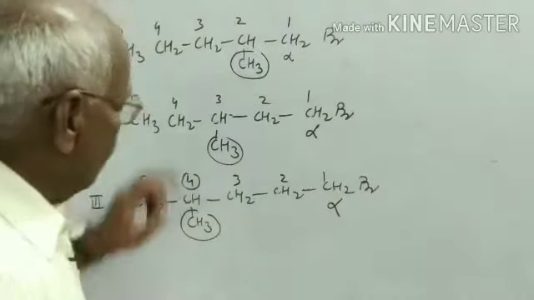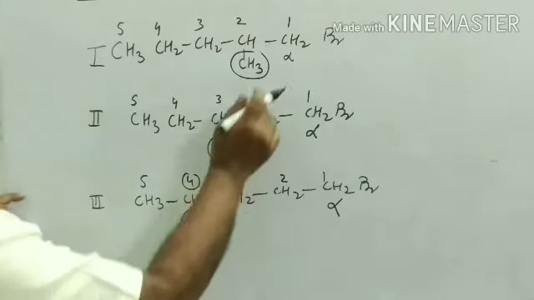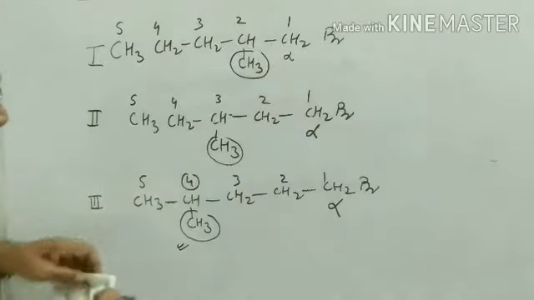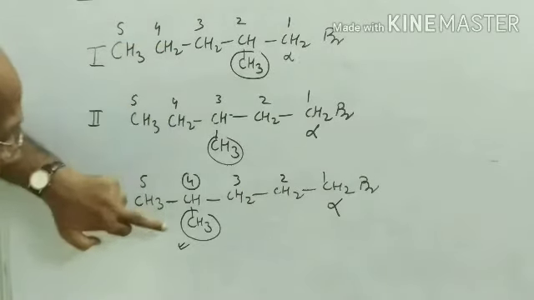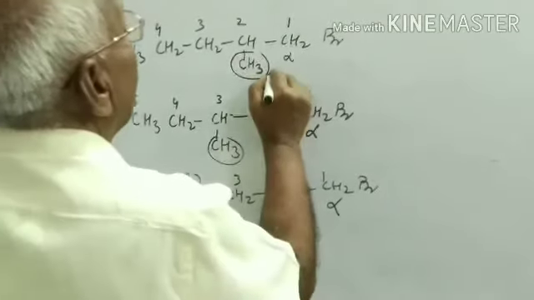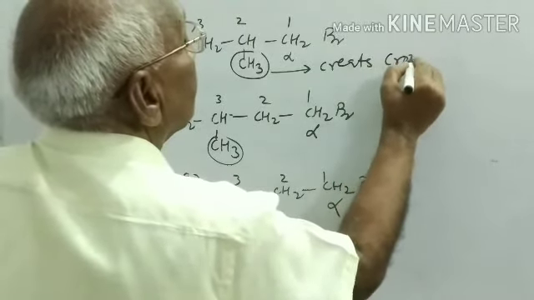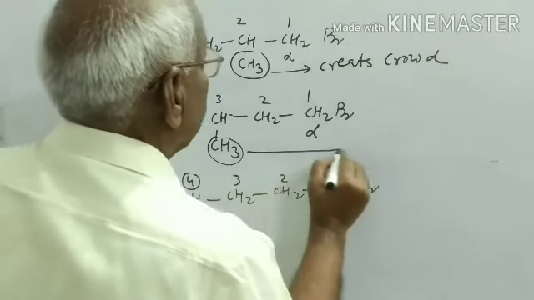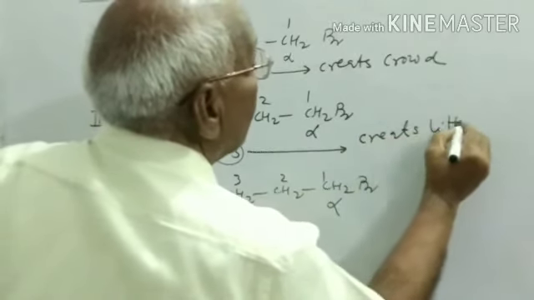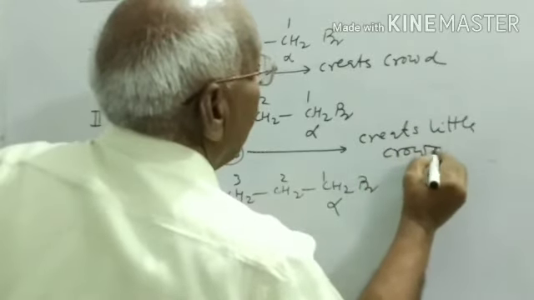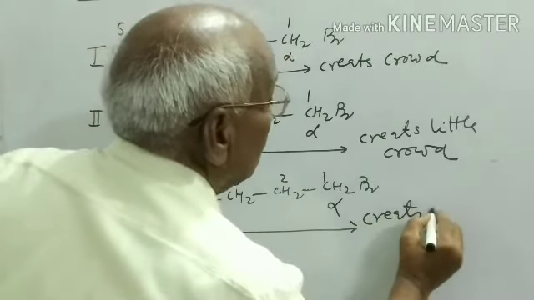Simple answer: the side chain which is away. This is near to the alpha carbon, so it creates crowd; this creates little crowd; this creates no crowd.